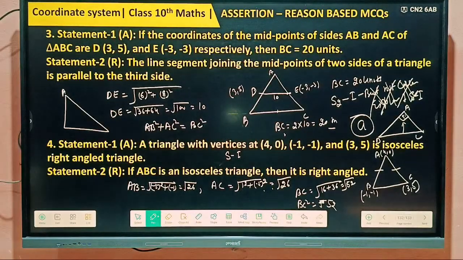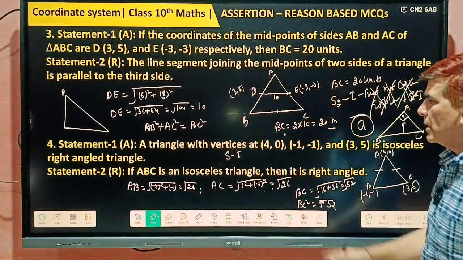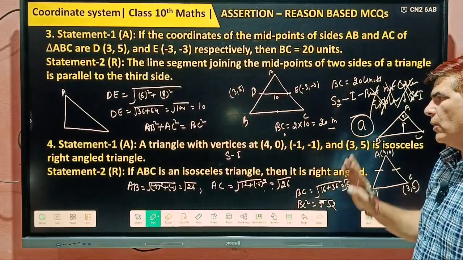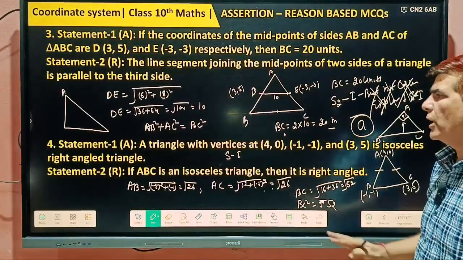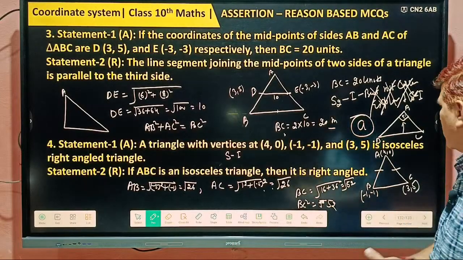So what we can say about this? Statement S1 is right, but statement S2 is not right. Why? An isosceles triangle is not always right angle. Sometimes it is a right angle if it satisfies Pythagoras theorem.